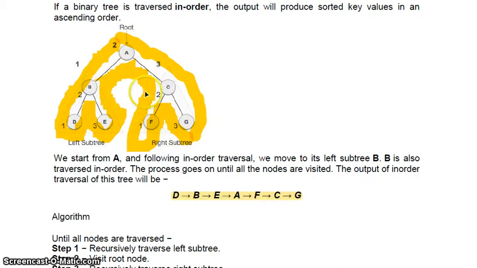With respect to in-order traversal, always consider the bottom nodes. Traverse from the left. I will start from here, which is the bottom node. D is the bottom node. Write it first, D. Then it goes like this.